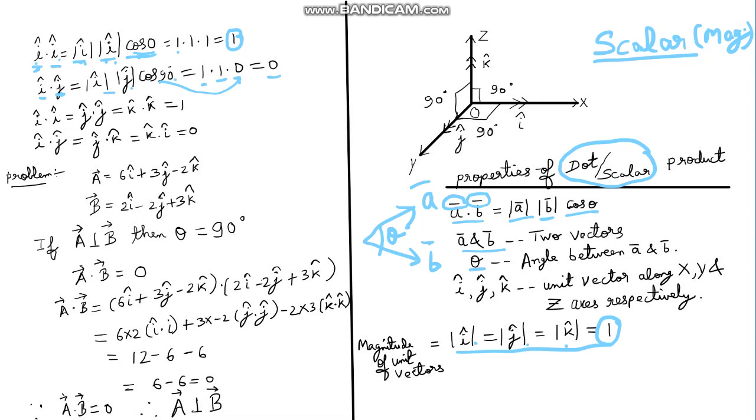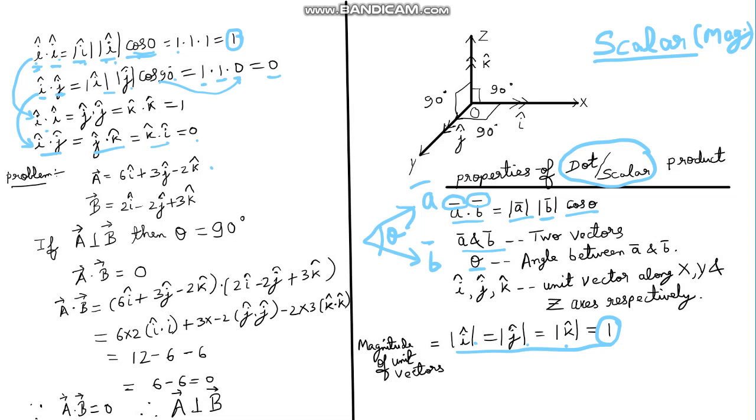So I can write i dot i, j dot j, k dot k is equal to 1. Similarly, i dot j, j dot k, k dot i is equal to 0, but they must be perpendicular. Whenever the dot product is 0, our conclusion is that the two vectors are mutually perpendicular to each other.